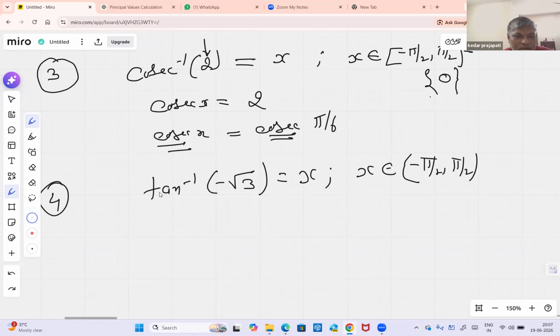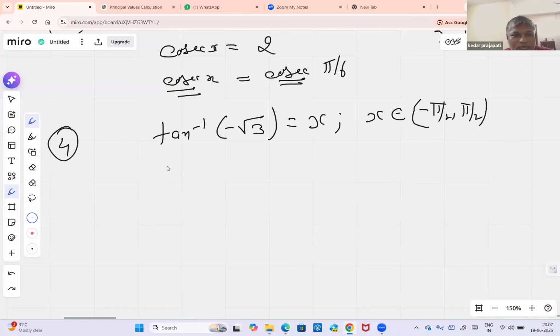Okay. Now let us solve. No problem. Tan x equal to minus root 3. Now what is root 3?